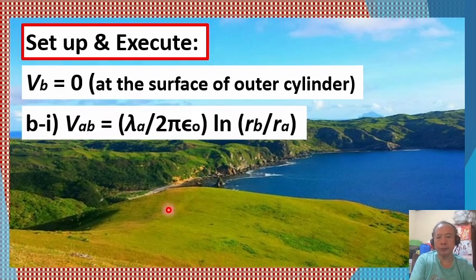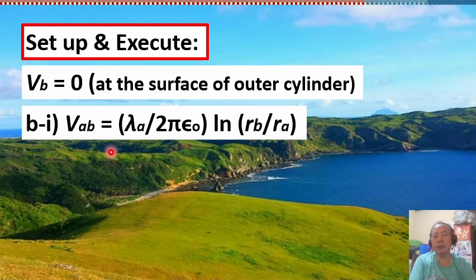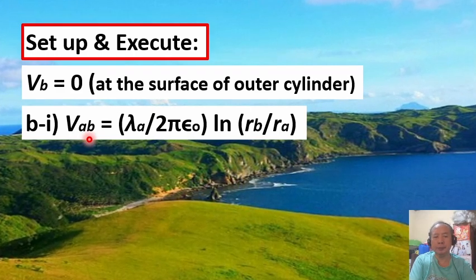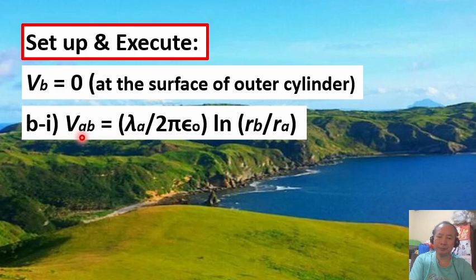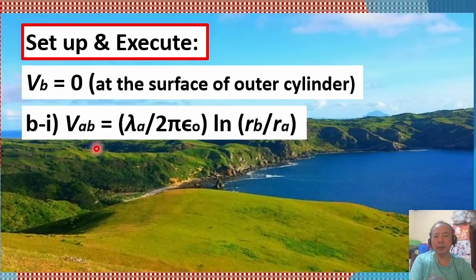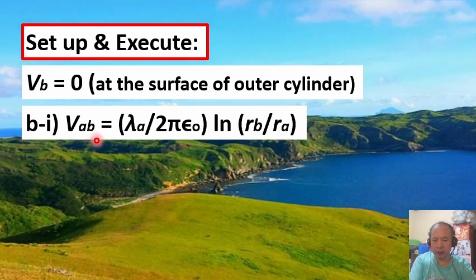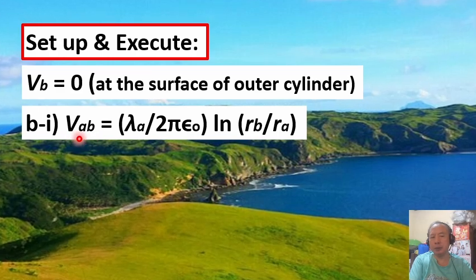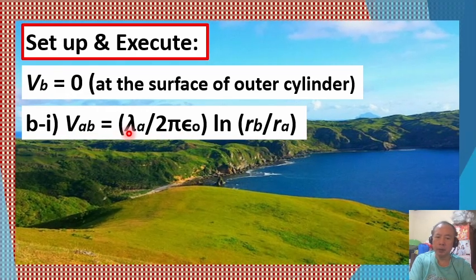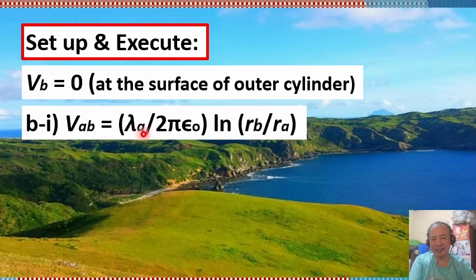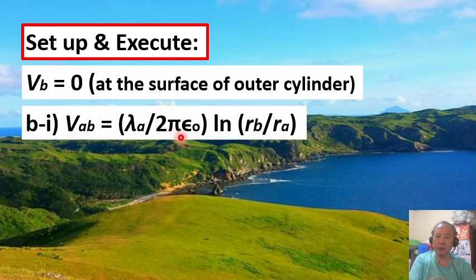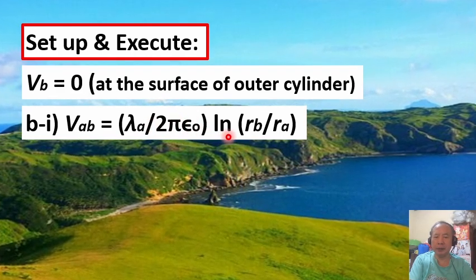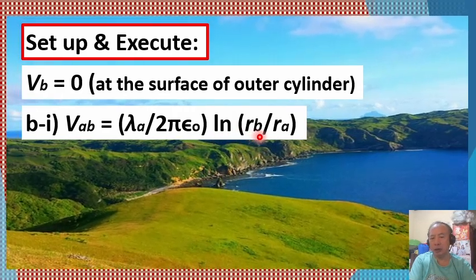The formula for computing the potential difference between the inner conductor, labeled capital V sub A, and capital V sub B for the electric potential at the surface of the outer conductor, so that the potential difference is labeled capital V sub AB, is equal to the linear charge density lambda sub A divided by 2 pi times the electric constant epsilon naught, multiplied by the natural log of the ratio R sub B over R sub A.